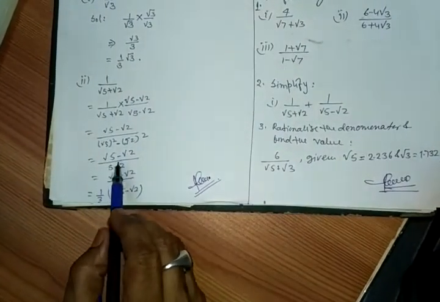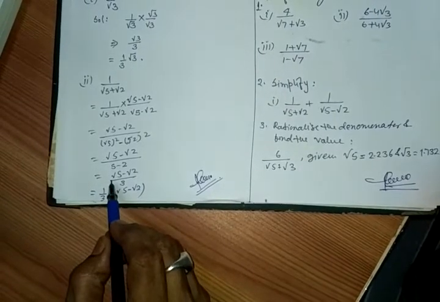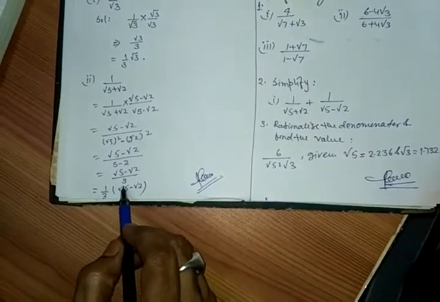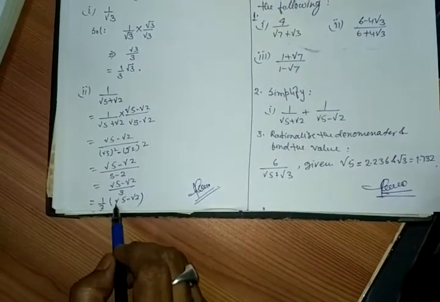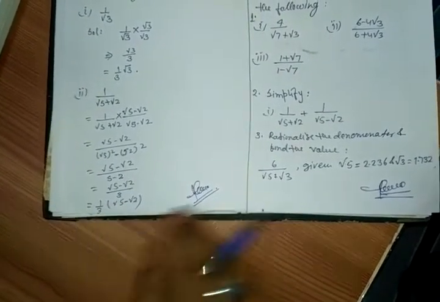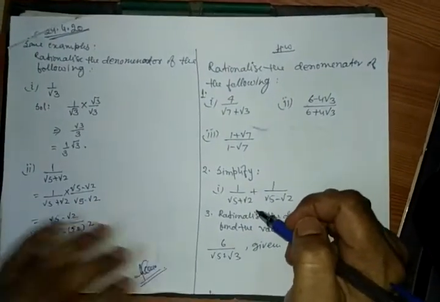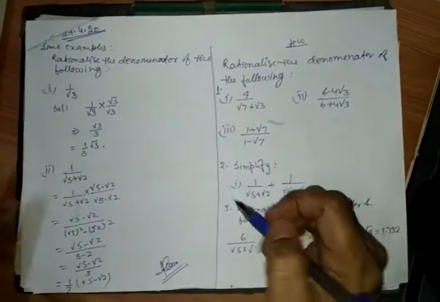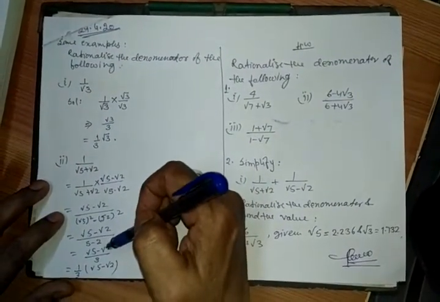We get root 5 minus root 2 upon 5 minus 2, that is root 5 minus root 2 upon 3, and we can also write it as 1 upon 3 bracket root 5 minus root 2. The given homework will be done with the help of the given examples. That's all.